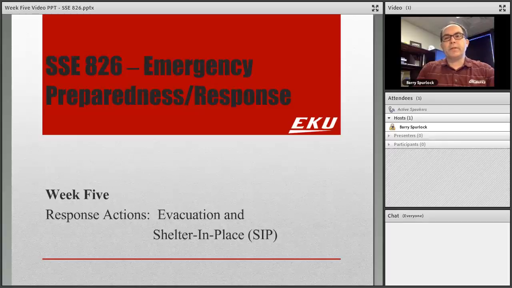Obviously, environment, continuation of business, property protection will many times encompass other emergency actions, but we're going to talk in particular about evacuation and shelter in place, because they're the most fundamental, they're the most common, and they provide the greatest protection to people if done correctly.